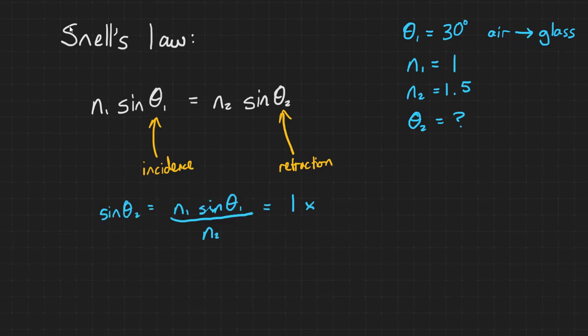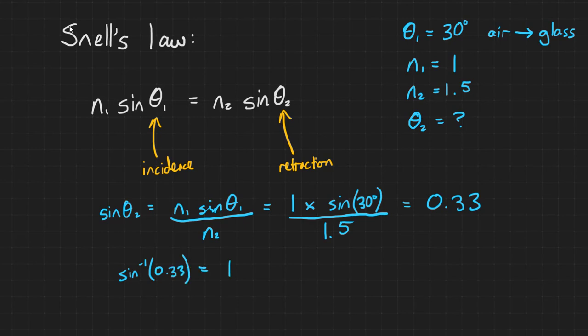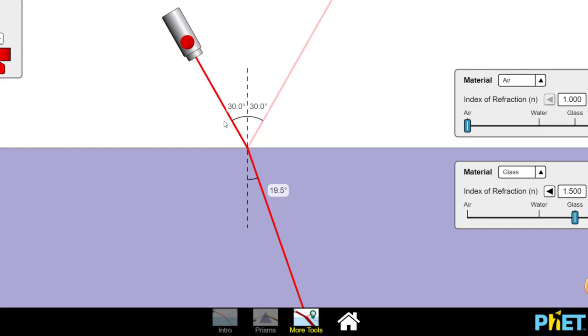So 1 multiplied by the sine of 30 degrees divided by 1.5 gives us 0.33, and then if we inverse the sine on 0.33, that gives us 19.5 degrees. So let's check that with our PhET simulation. And yes, we can see that our incident angle of 30 degrees gives us a refracted angle of 19.5 degrees.